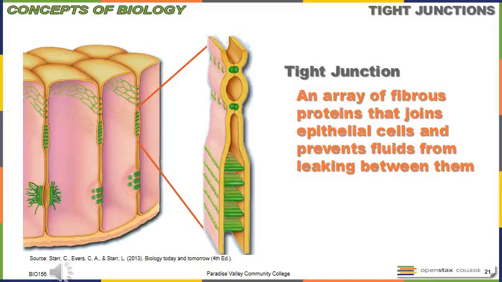Sometimes, if you cut yourself a little bit and you have this oozing aside from blood, that is interstitial fluid, and it's oozing out of you because these tight junctions have been broken. So this particular junction will hold epithelial cells together to prevent that fluid from leaking between them.